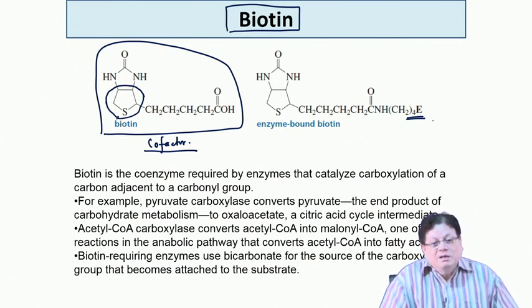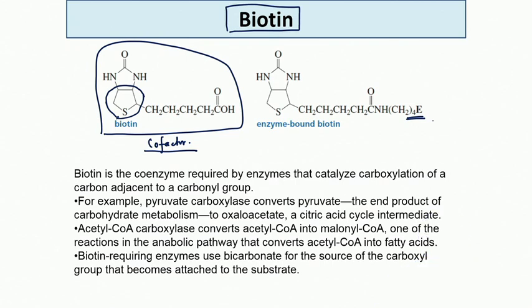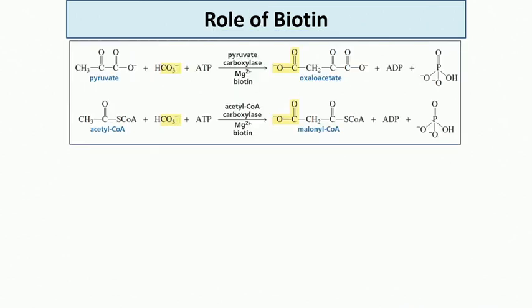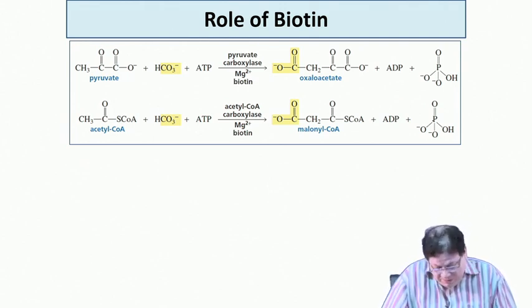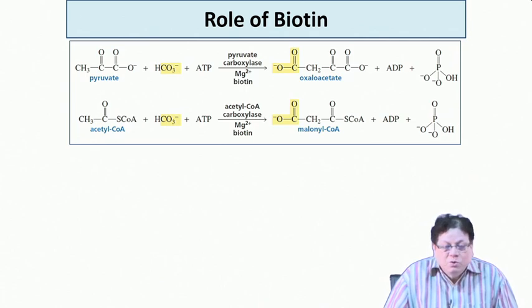In what type of reaction does it participate? Now, this is very important. Again, all the vitamins are very important, because they lead to these coenzymes, and coenzymes are responsible for various metabolic activities in the body, which are absolutely essential.